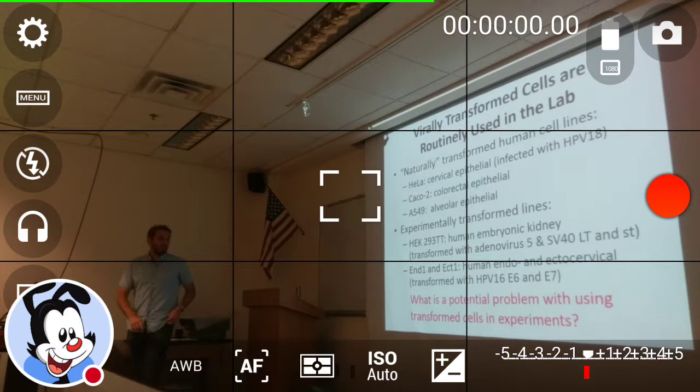So I think we talked about it briefly, but what could potentially go wrong with using these lab-grown transformed cells for doing research, particularly if you're interested in signaling or anything like that? Depending on what pathways they're interrupting when they're causing the immortality and the cancer, that could mess with whatever you're trying to look at. Any other ideas?